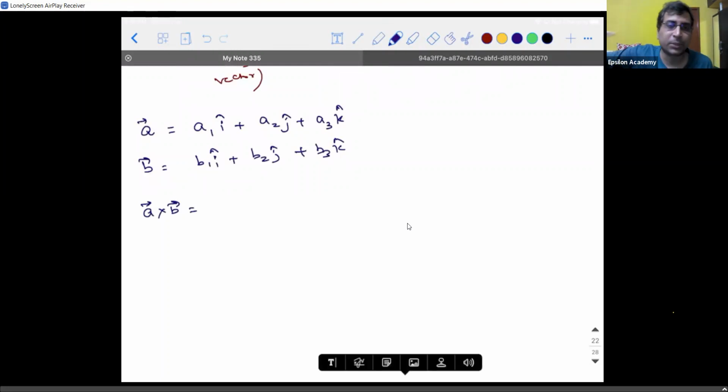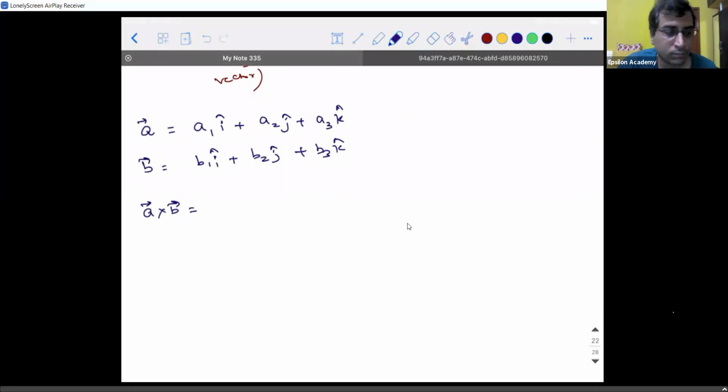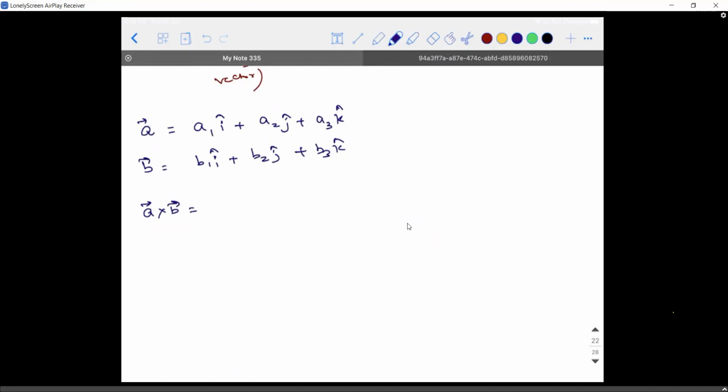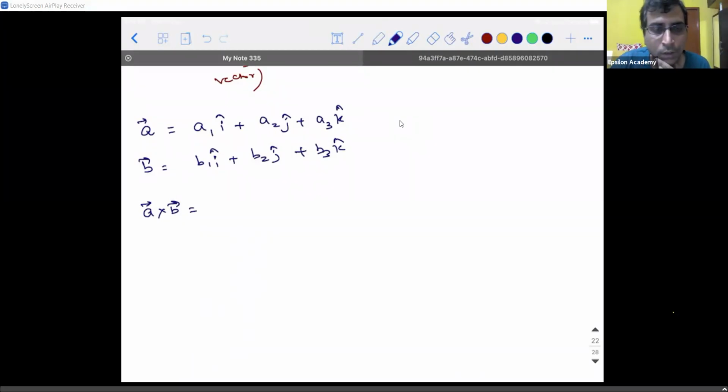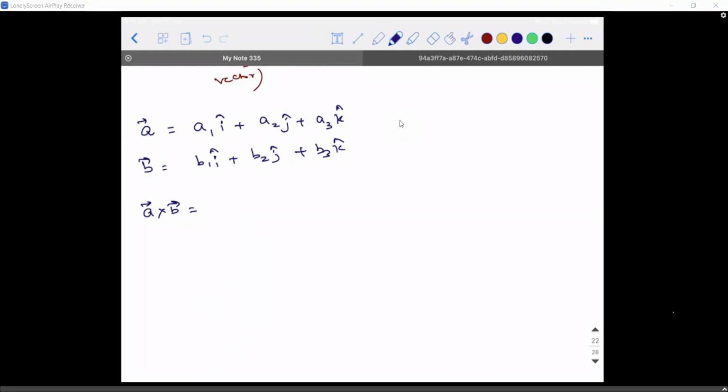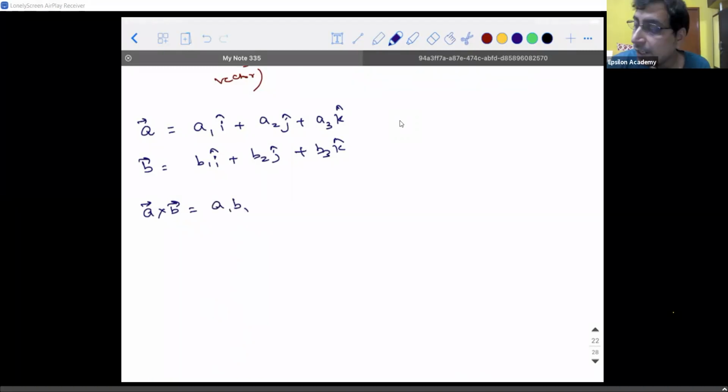You will get a very big expression. Anybody who can tell me? If we cross A vector and B vector, we get i cap bracket AY BZ minus AZ BY.